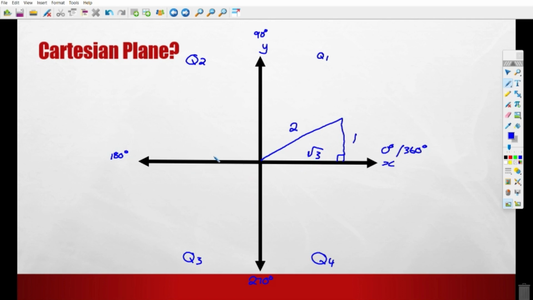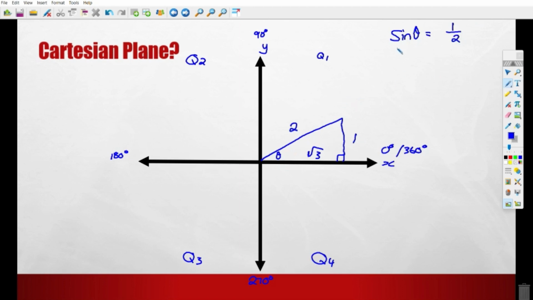If I say please find sine of theta, what are you going to say? Sine of theta is equal to opposite over hypotenuse, which is 1 over 2.